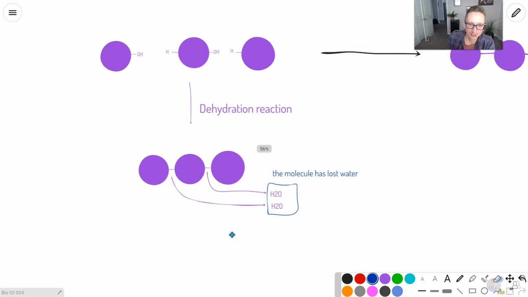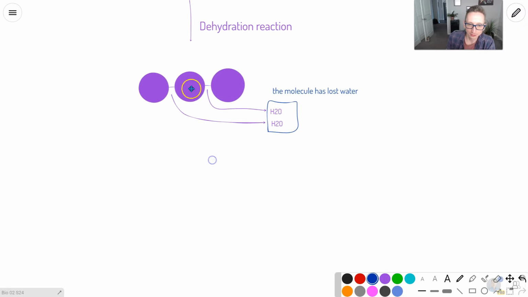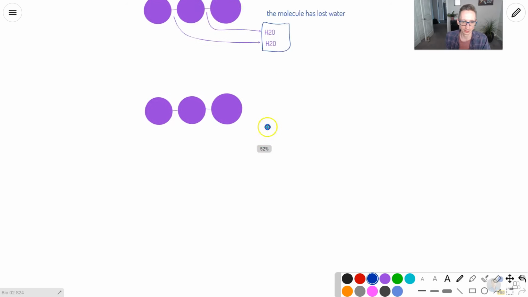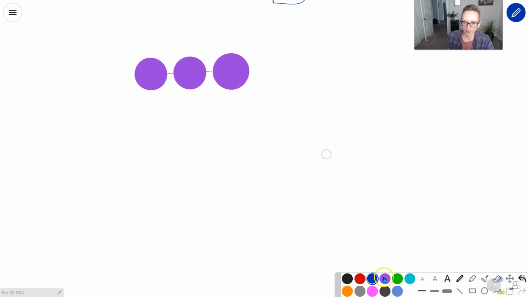Okay. Now, let's say we take this same molecule and we just kind of reverse it. So we'll take that same molecule and then we'll take our H2Os, H2O and H2O. And let's say we reverse this.